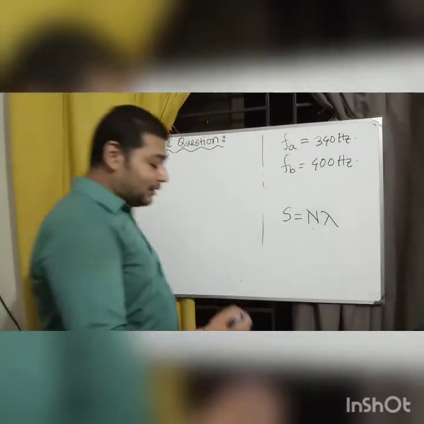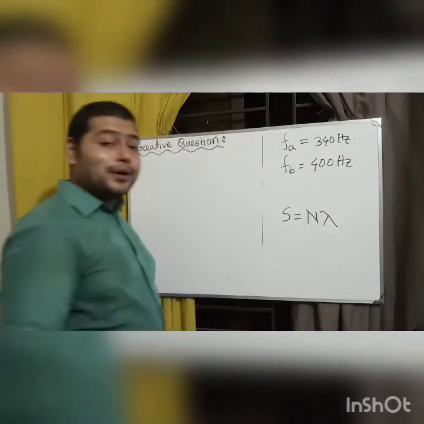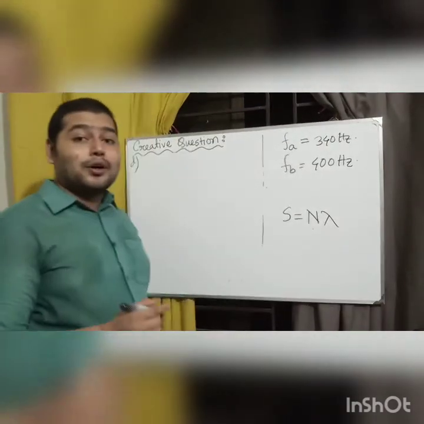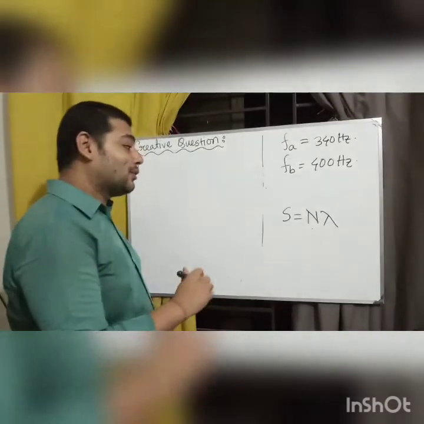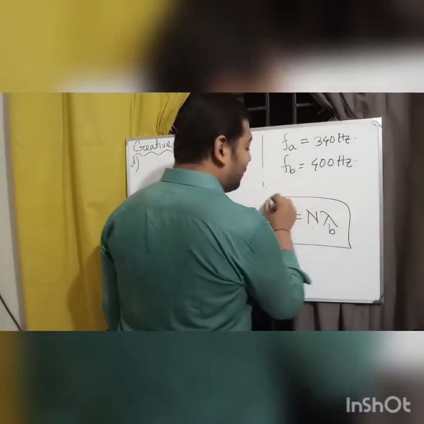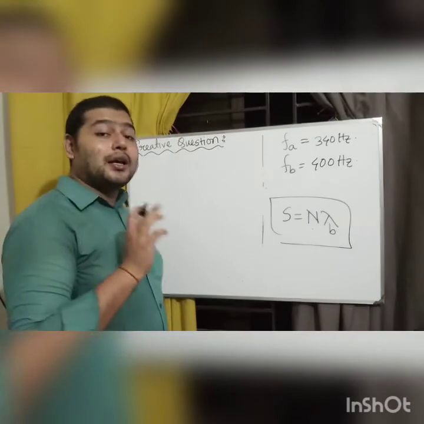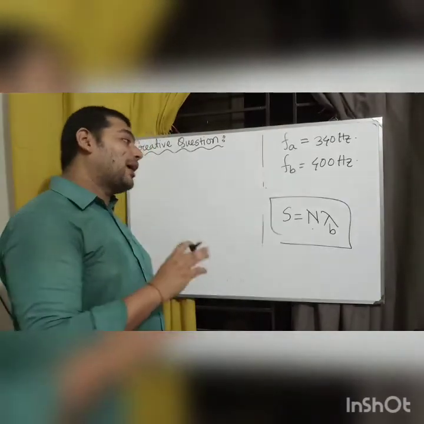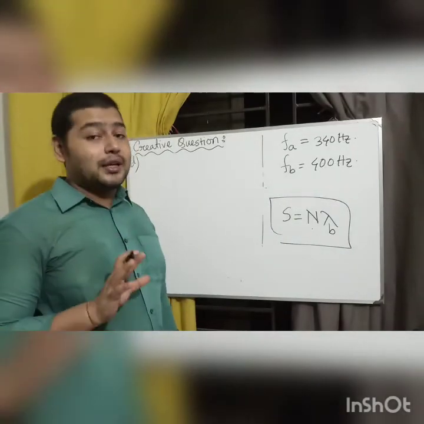Okay, here according to the question, we need to determine this distance for medium B. So here we can write n into lambda B. So first of all we need to determine lambda B, and for lambda B we need to determine the velocity of sound of medium B.